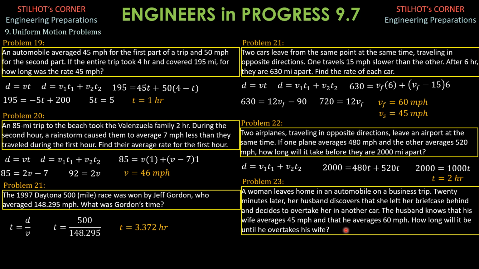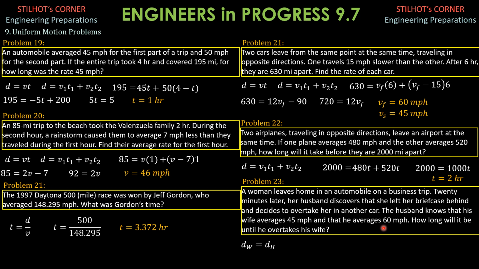So we will call T the time until he drives his car to catch up with his wife. So distance is the same. Travel time for the husband, we'll call that T, and the travel time of the wife would be T plus 20 minutes, and 20 minutes is 20 over 60 or 1/3 hour. So distance of the wife equals distance of the husband.